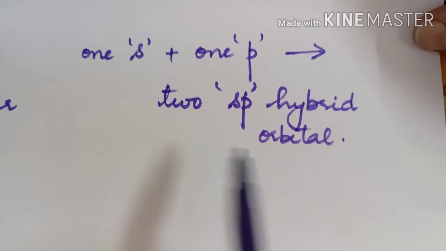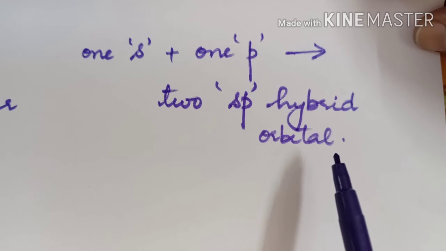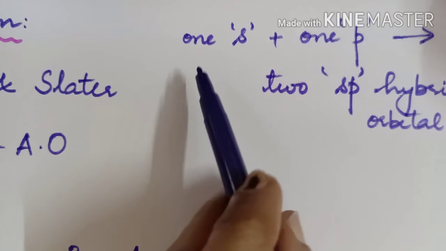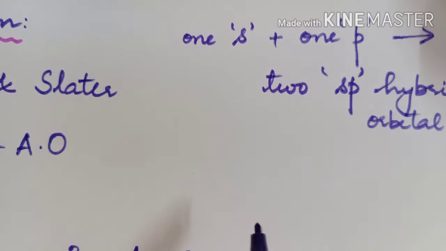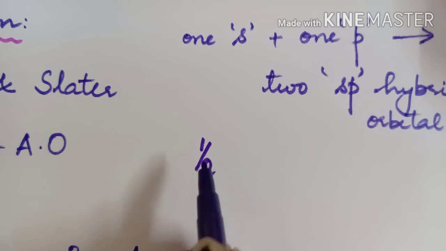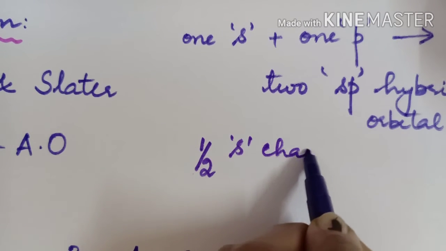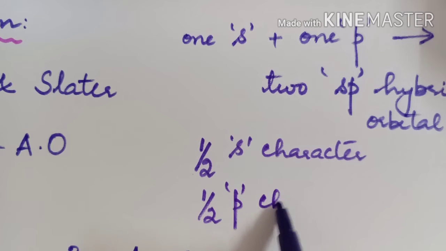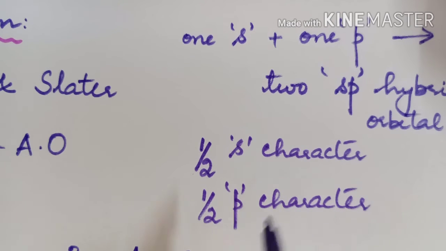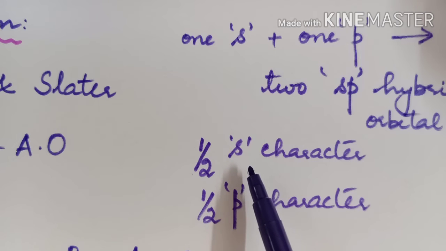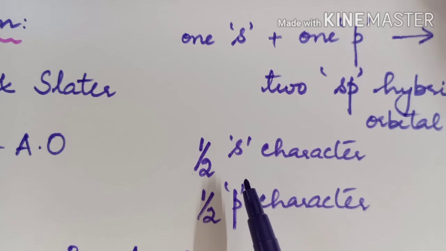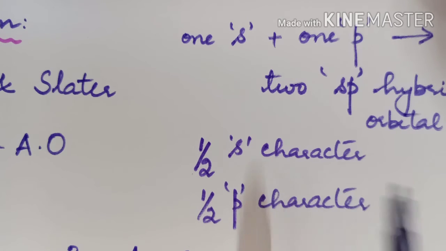When we check the character of the hybrid orbitals, you find that out of the two orbitals obtained, each has half s character and half p character. You know that s is spherically shaped and p is dumbbell in shape, so it has 50% s character and 50% p character.